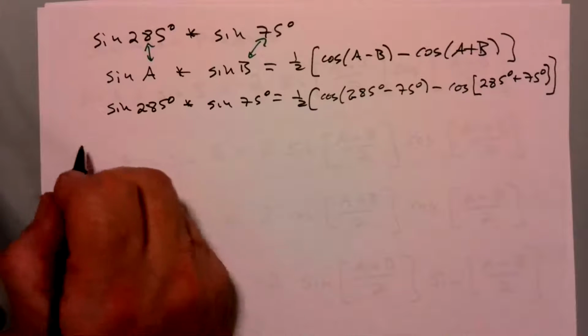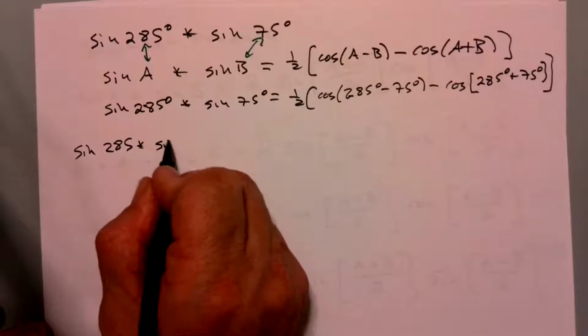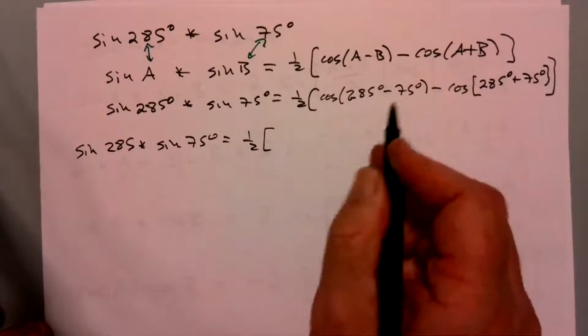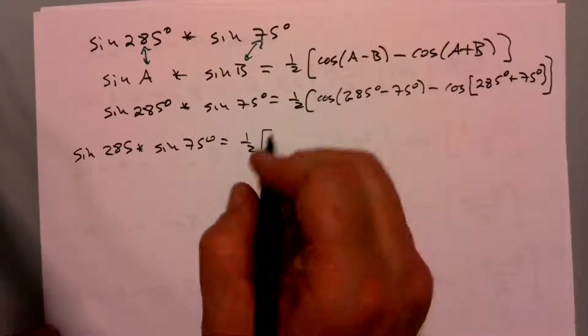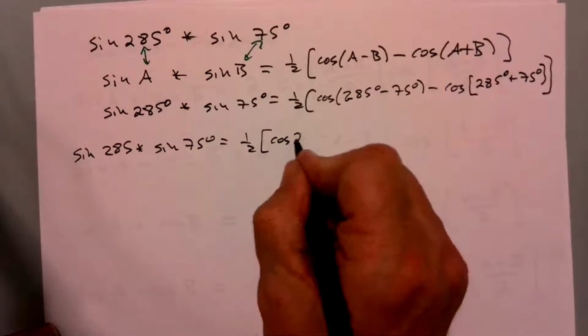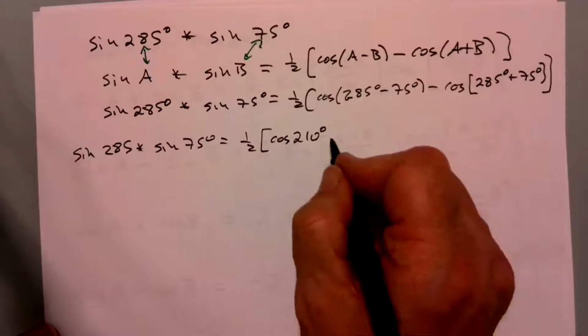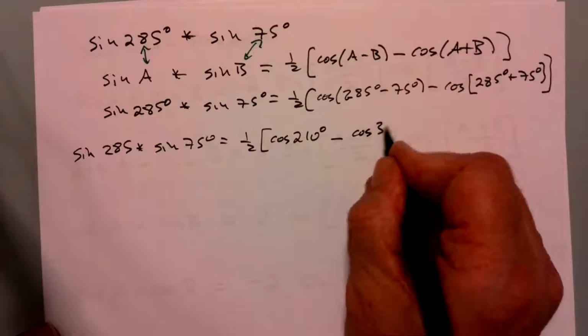And let's see what that's going to give us. 285 minus 75, I believe, is 210. So we get 1/2 cosine of 210 degrees minus cos 360 degrees.